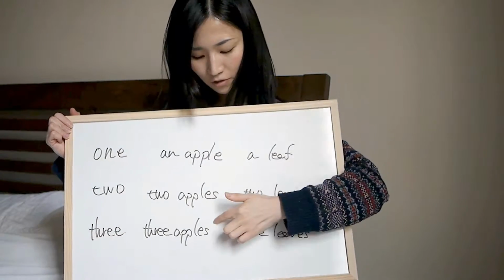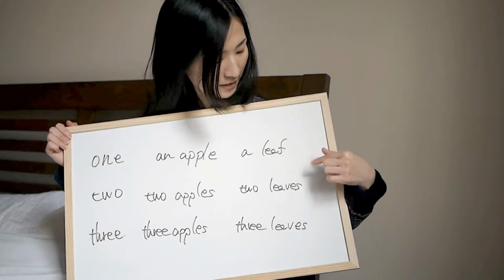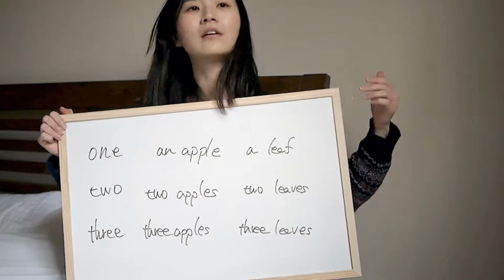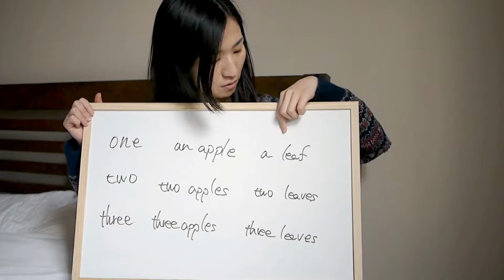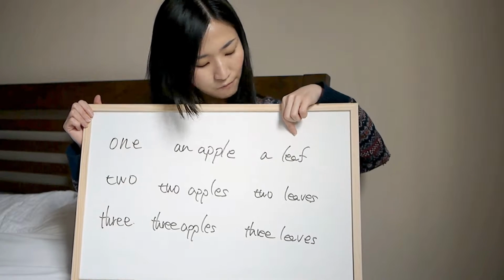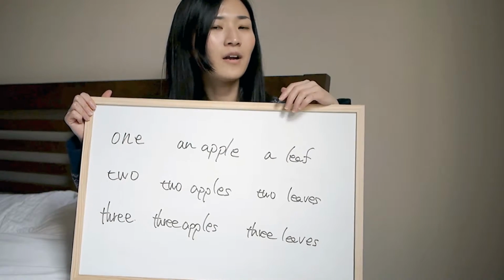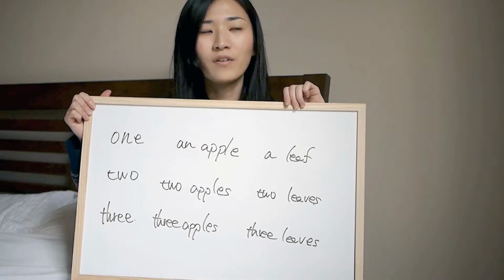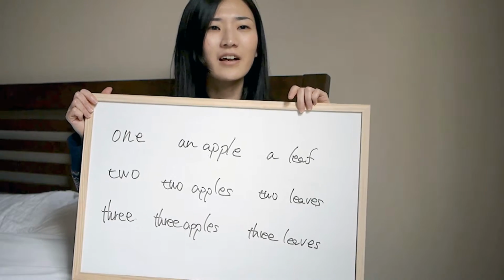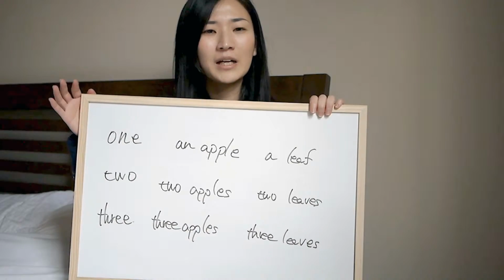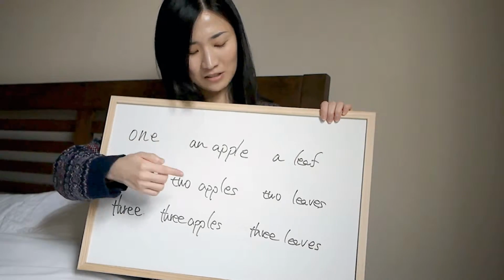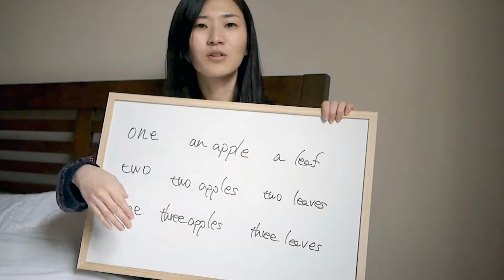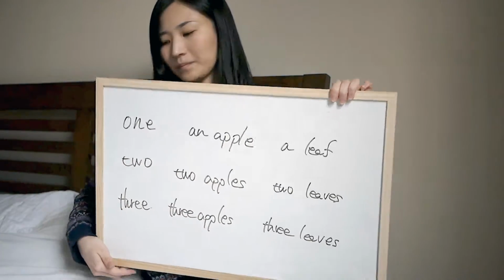And this one is regular, you just add s, but in some cases it changes irregularly. So leaf is a leaf, and then two leaves, three leaves. F changes to VE, and some other words like elf or wife. But in Japanese it will always be the same. So now I will show you the Japanese.